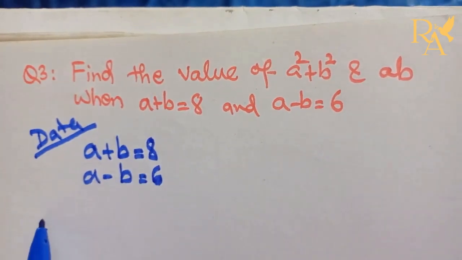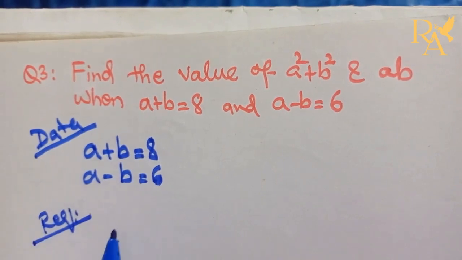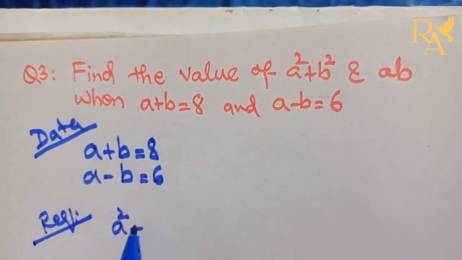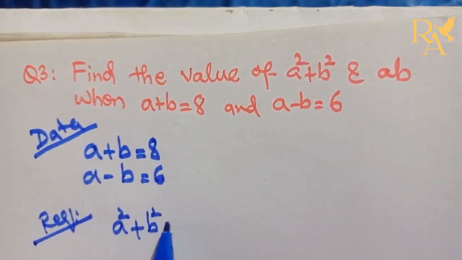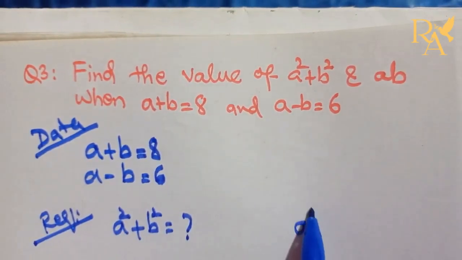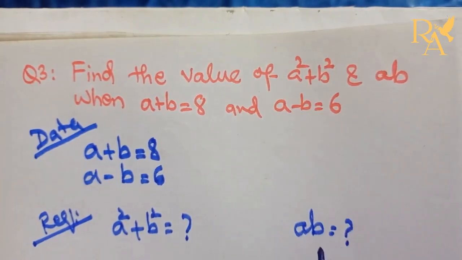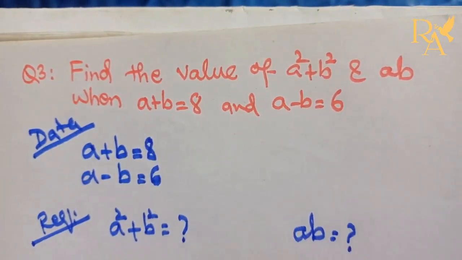And what is required? A square plus B square and AB. Both are required.